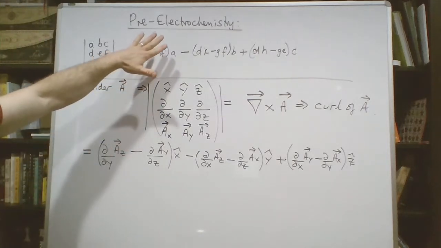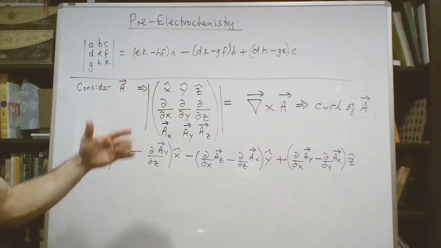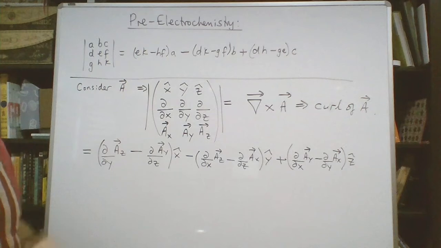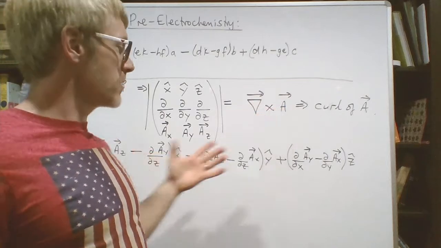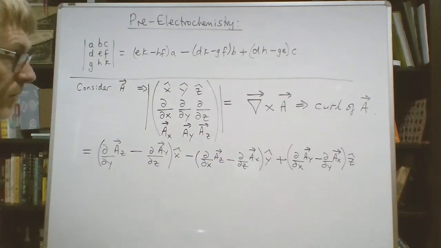So I took my template, I took my actual matrix, I solved the matrix based on the template. So now I've got the curl of A. This is how I've taken the curl.